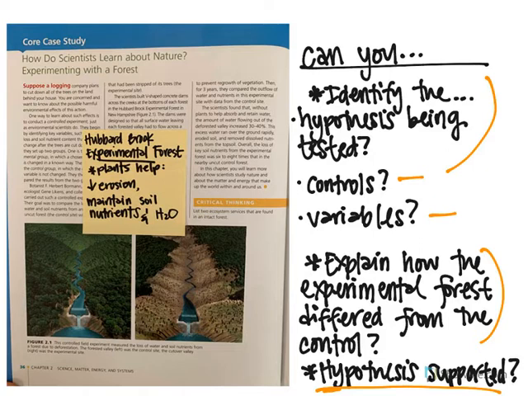So in this experimental forest, scientists were comparing the loss of water and nutrients from an uncut forest, which was the control site, with one that had been stripped of trees, which was the experimental site. And what they ended up finding was that the strip site had 30 to 40% more runoff.